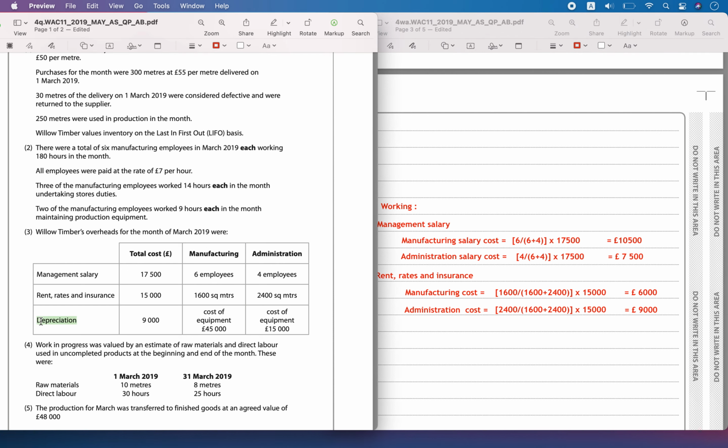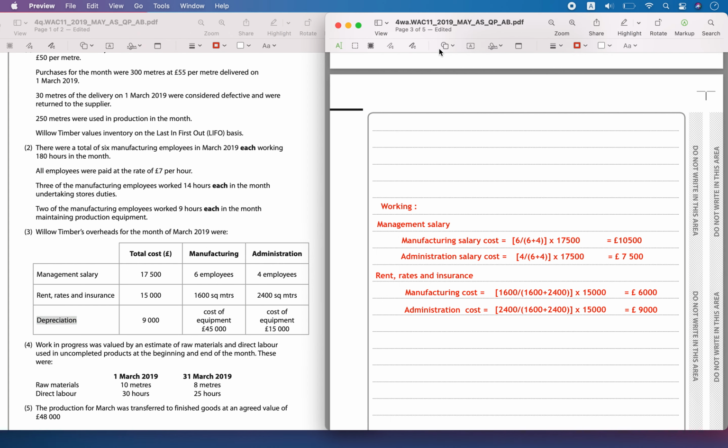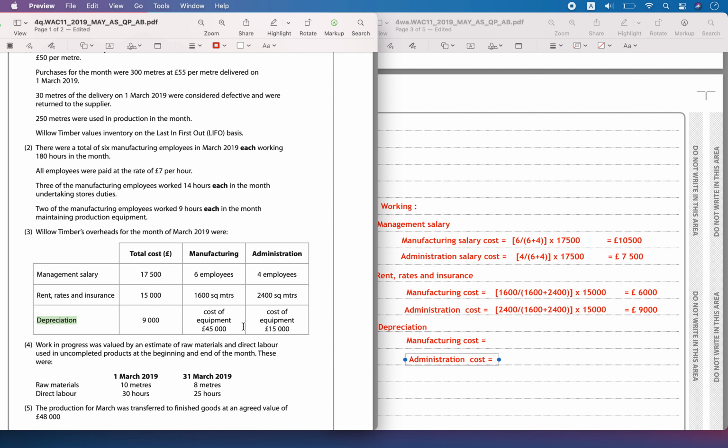Then let's calculate the depreciation cost for manufacturing and administration, based on the ratio they have given.